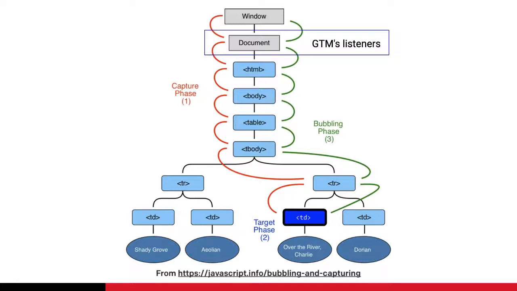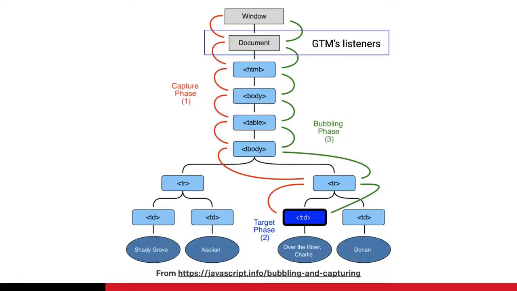GTM's alternative would be to add its event listener to every single element on the page, but that creates a lot of overhead in terms of programming, and it also introduces a race condition. What about if you add elements dynamically to the page using JavaScript, for example? GTM wouldn't be able to add its listener to those dynamically added elements because it attaches its listeners when the container is first loaded.